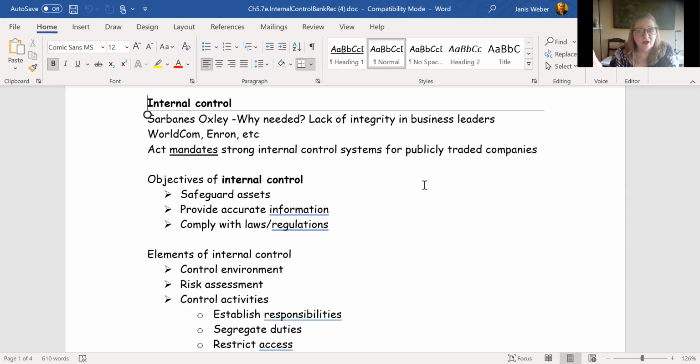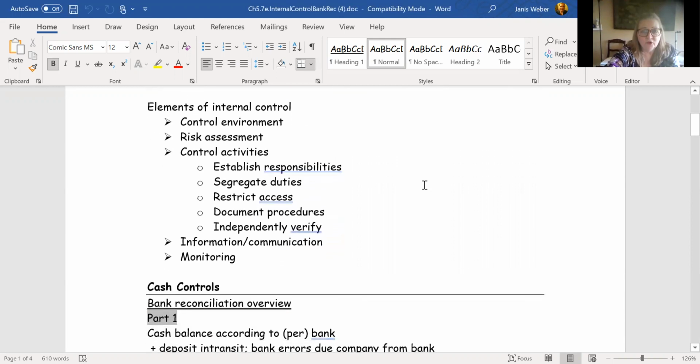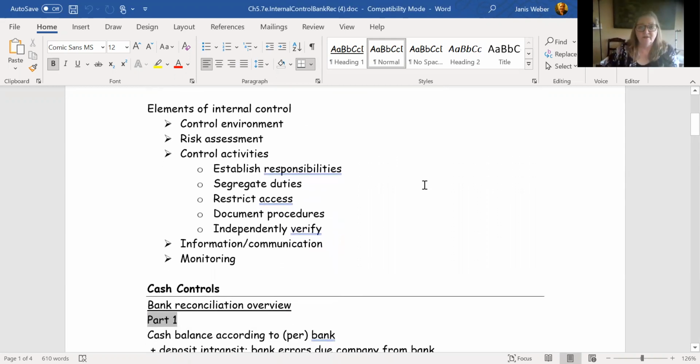And so in order to accomplish those objectives, there's these elements of internal control that we'll talk about. And that is the control environment, the risk assessment, and the control activities, which is specific activities that can be done to mitigate risk, and then information and communication about those internal control policies, and then monitoring of them.